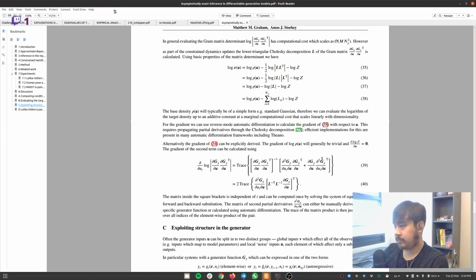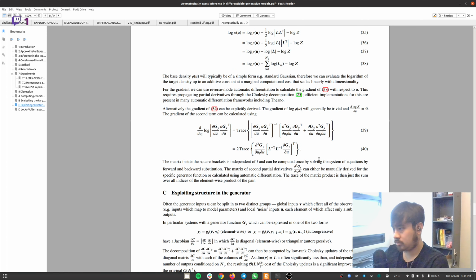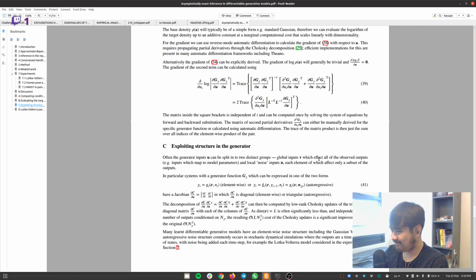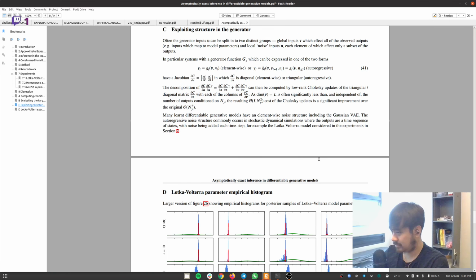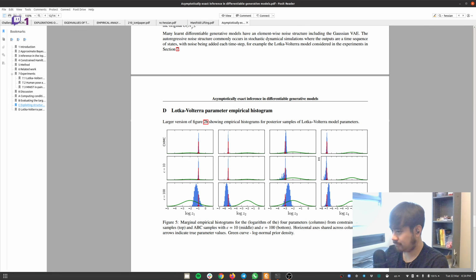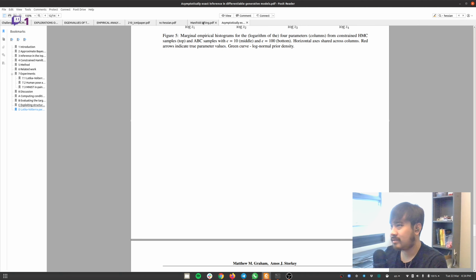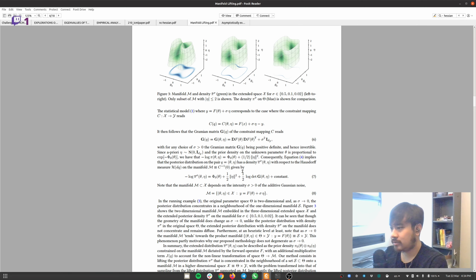Because if we have a singular, this is the Gram matrix, and then we need the likelihood, or something like the square root of the likelihood.